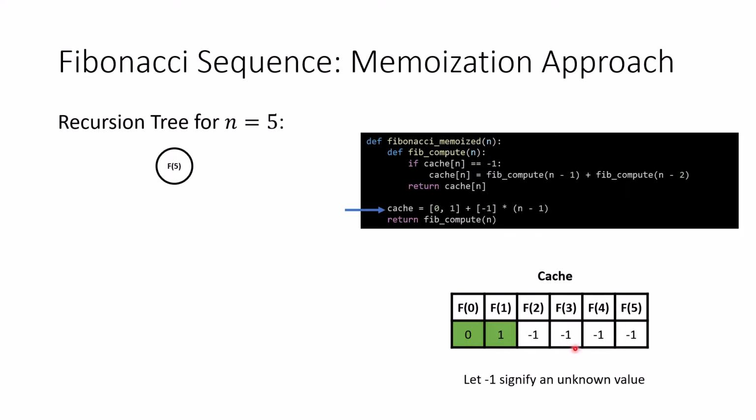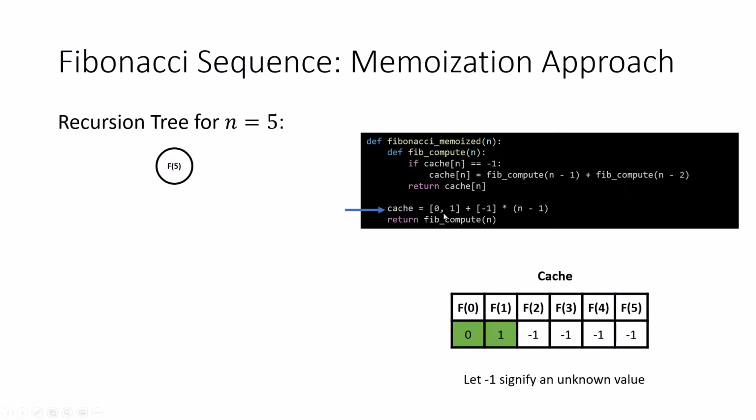I mean, it's the Fibonacci sequence, so they're all positive or 0, like over here, but that's a base case, so it doesn't matter. I'm first going to check, is it unknown? And if it really is unknown, which is specified by -1, then I'm going to do a recursion, and I'm going to set my cache at that index, so n, to whatever result I get for this recursion.